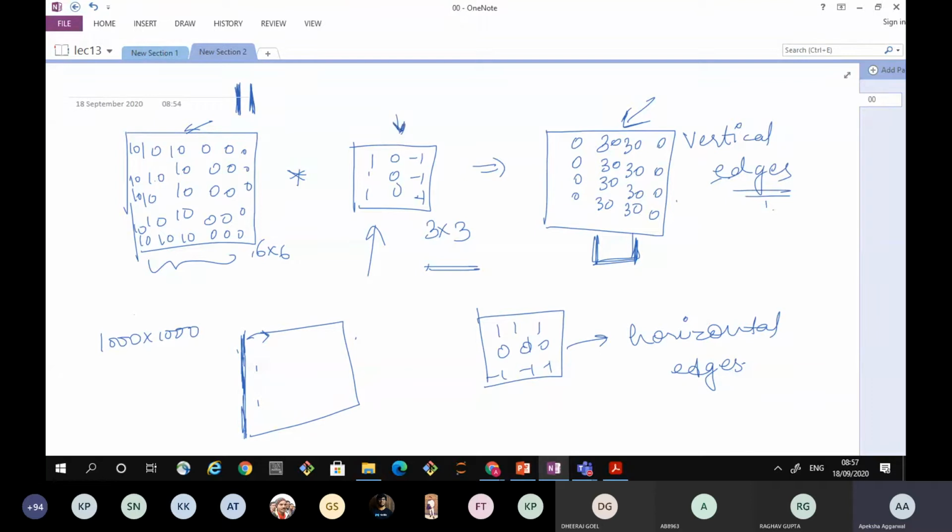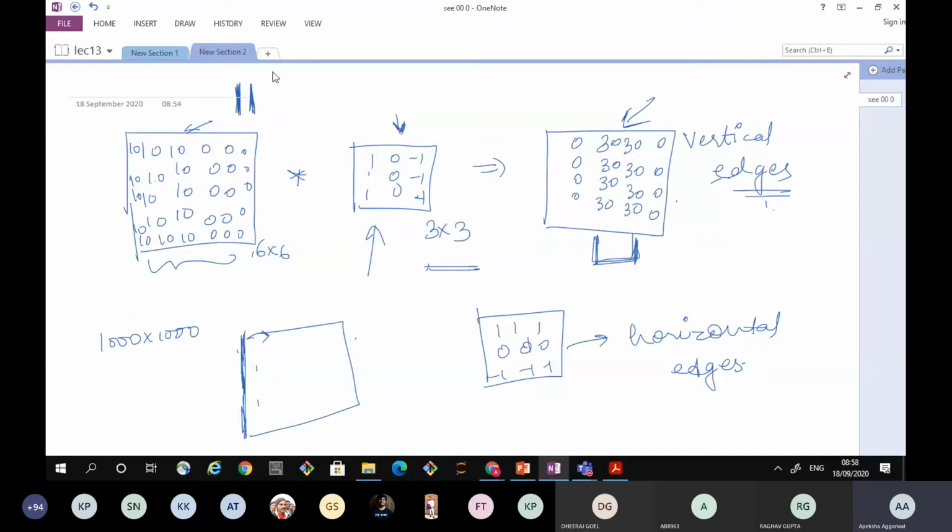What this is doing is identifying features from your original image. An edge is basically a transition from higher to lower or lower to higher pixel values. So the convolution operator is identifying features and representations from your image.